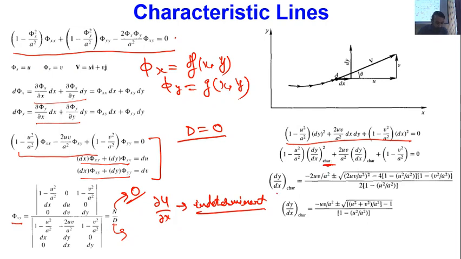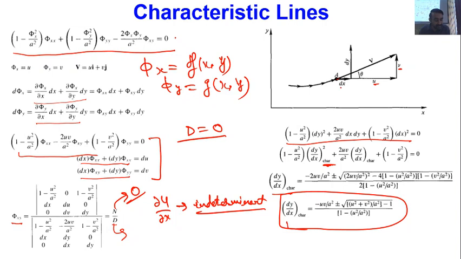Okay, so the solution of this is this particular value. What is this? This is nothing but the slope of the line. So if I have a point A and say through this point some streamline is passing and giving us velocity vector v with angle theta from the x-axis, then these u and v will be my components of the velocity.